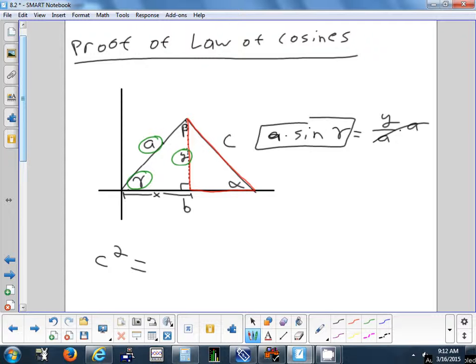Right? So Pythagorean theorem says you take the hypotenuse squared, take the other leg squared, which I now have. It's A sine gamma squared. Now we're going to do the same thing one more time. We're going to find the bottom side.